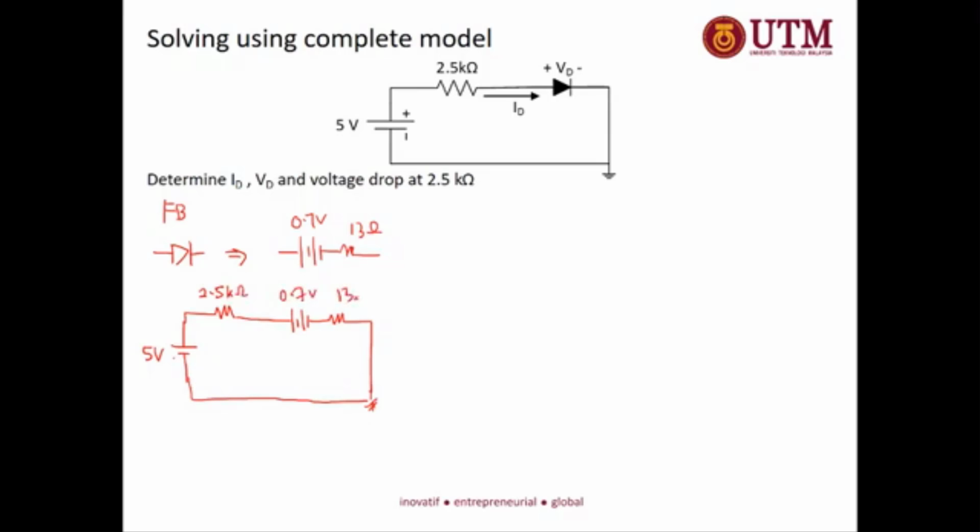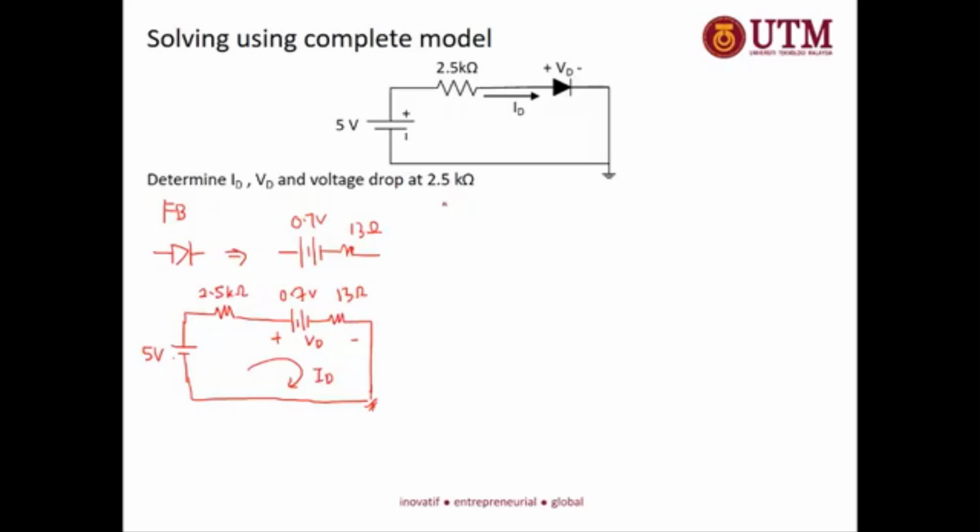This is 13 ohm, and the VD is from here to here. And then we have ID. Now you cannot get VD directly because you need to know the voltage drop at the 13 ohm.